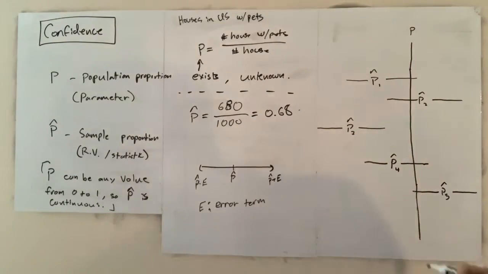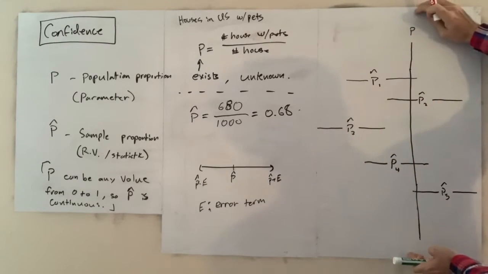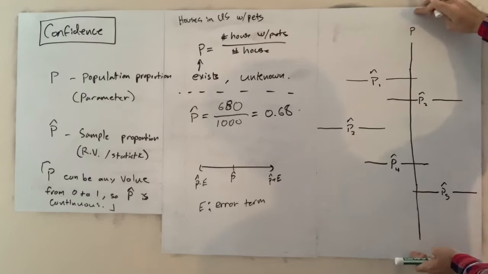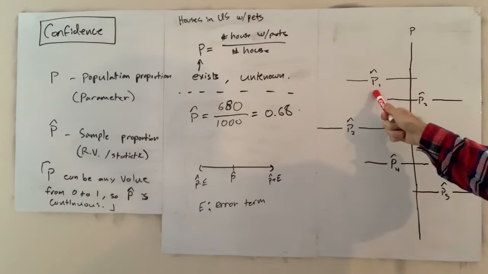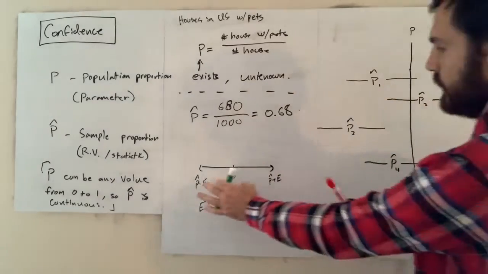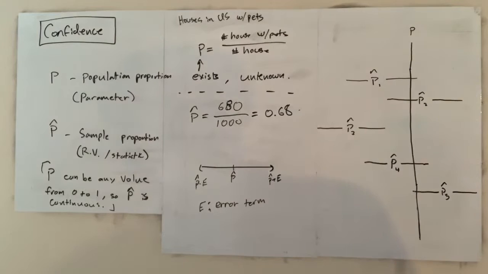So pictorially, this is how you want to think about it. What we have is this line representing our parameter. It's fixed at some point on the x-axis. And this is our first sample. We create our interval, and we throw it, and we try to capture the parameter.